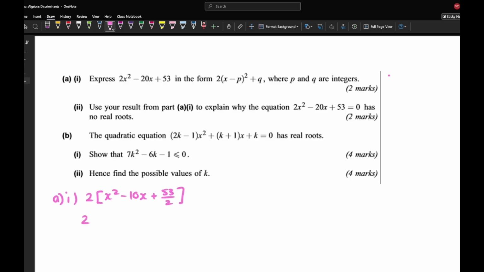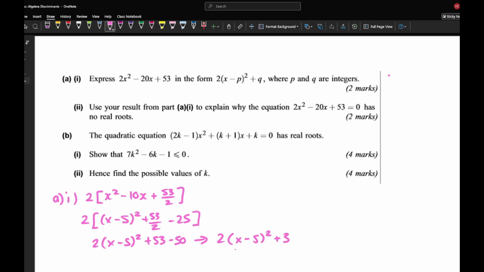And then I can use my methods of completing the square. Minus 25, in which then I can multiply everything by 2, in which I get 2 times x minus 5 squared plus 53 minus 50, which gives me 2 times x minus 5 squared plus 3.